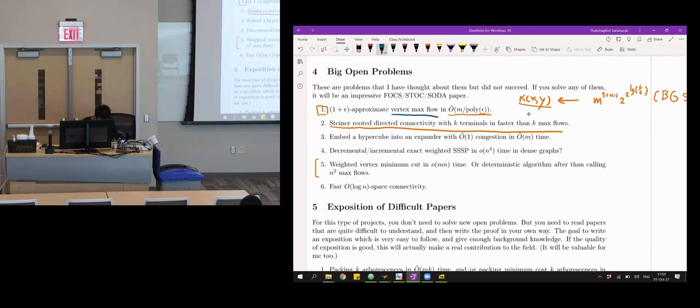The algorithm is nice and quite simple, actually. By the end of this class, you will see how to do it. This is the thing that I will show in class.